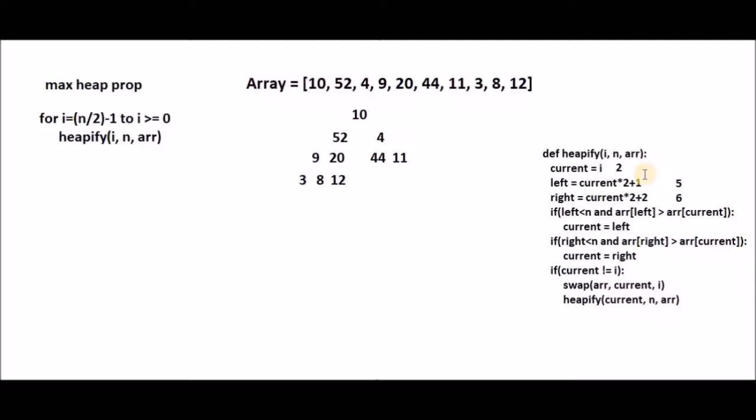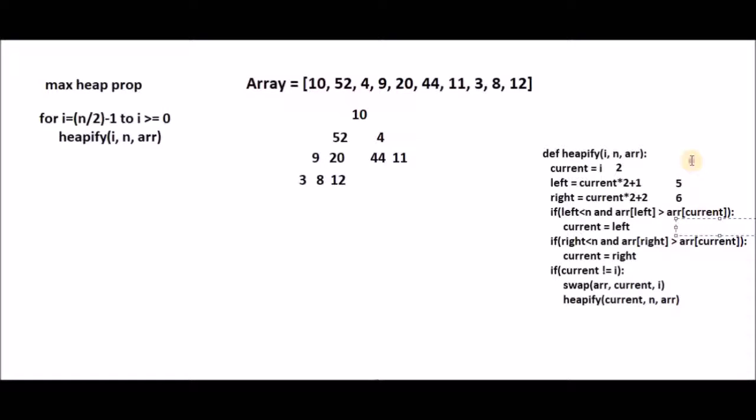So now we have this, and what we need to do is check again. The first condition satisfies, of course, but then is the left greater than the current? So is 44 greater than 4? Yeah, it is. So my current now changes to 5.